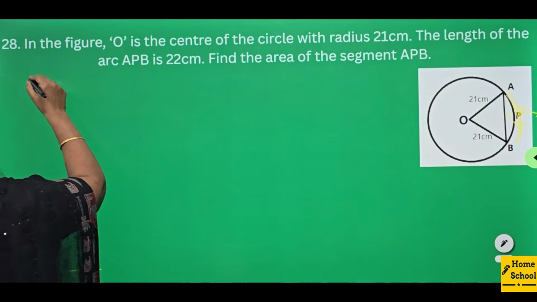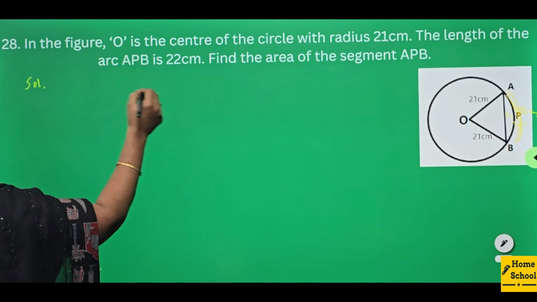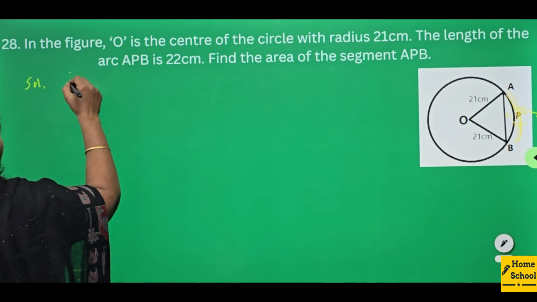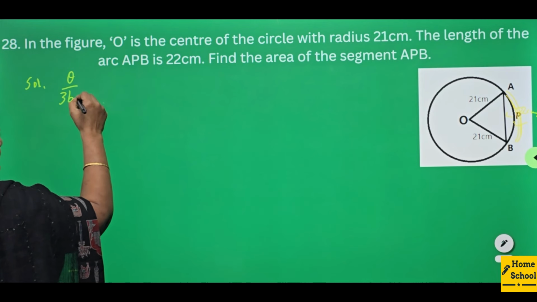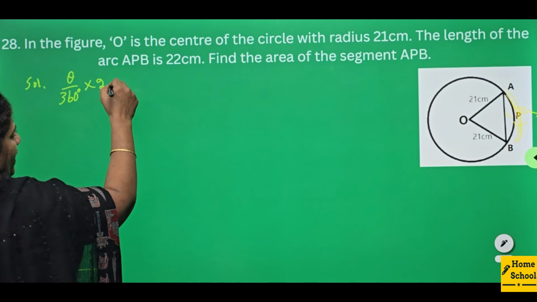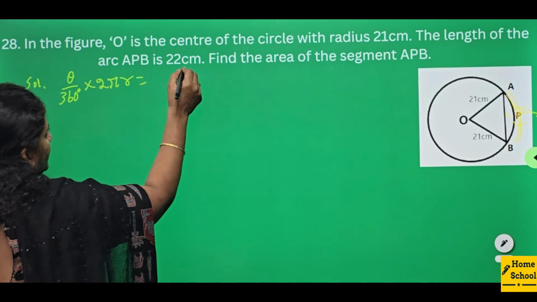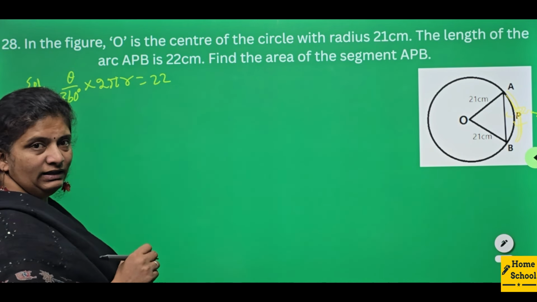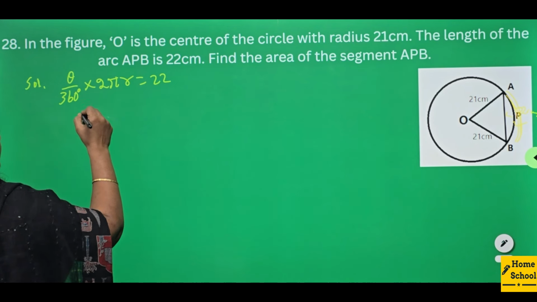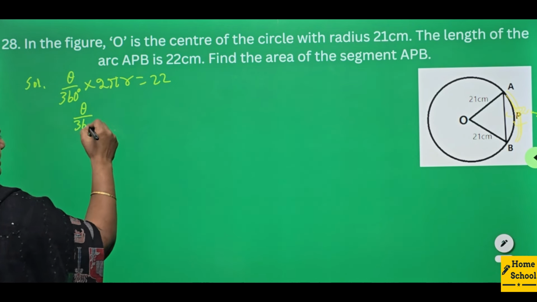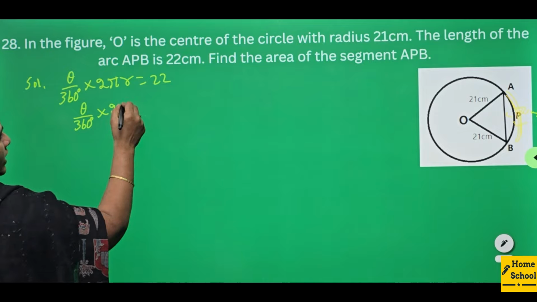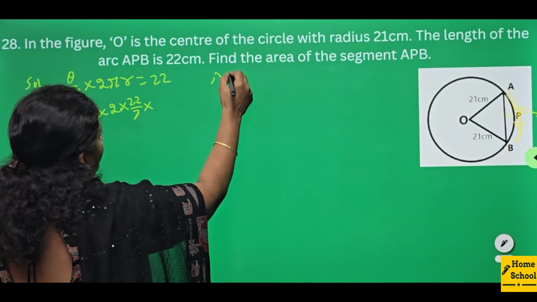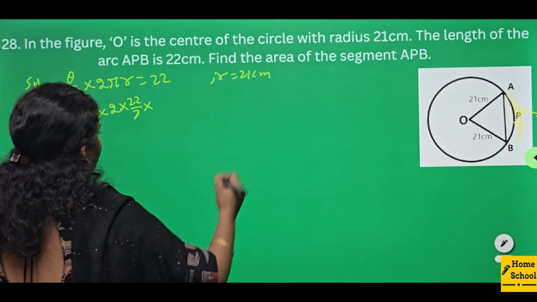So directly I am writing here children. Given length of the arc, what is length of the arc formula? Theta by 360 degree into 2 pi r given. How much? That is 22 centimeter. By using this, you need to find theta. Theta by 360 degree into 2 into pi value is 22 by 7 into given radius is equal to 21 centimeters.